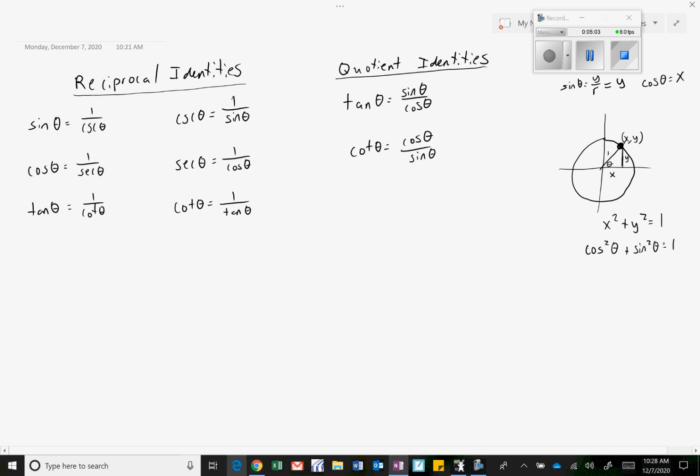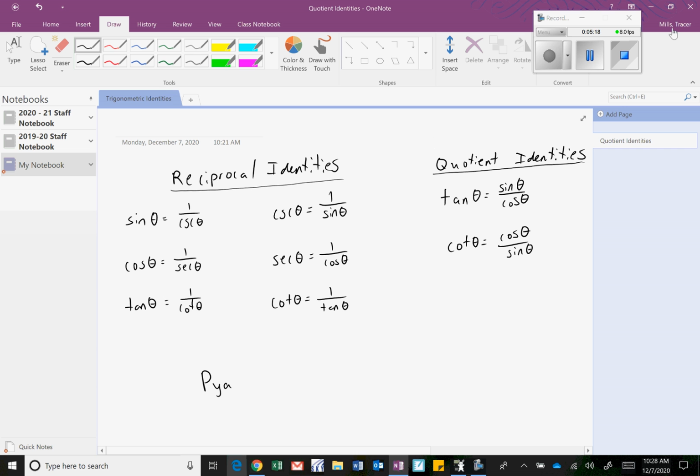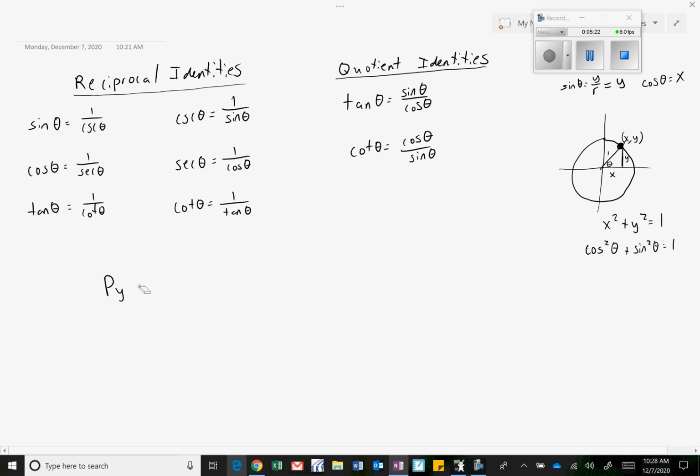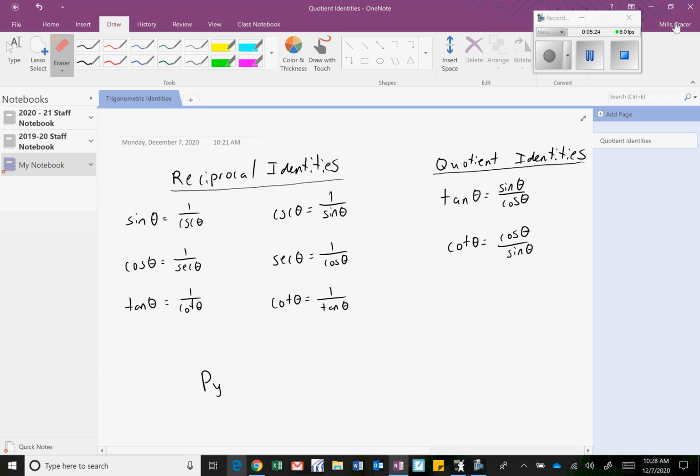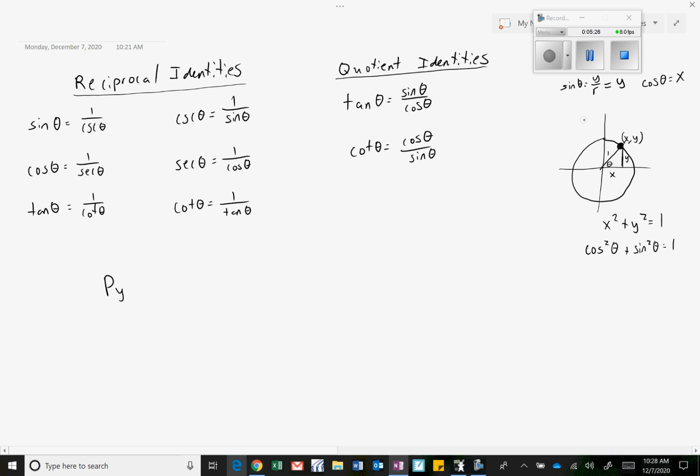And this is actually going to be one of my identities here, and I'm going to call this my Pythagorean identities, just like Pythagorean theorem. Oh, sorry about that. Okay. My Pythagorean identities, having troubles here.